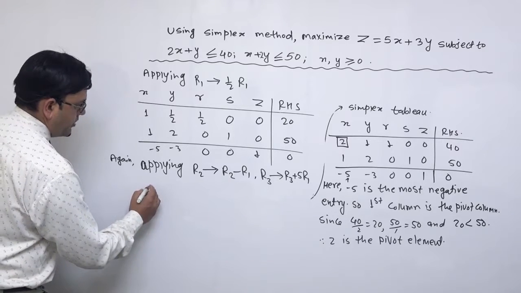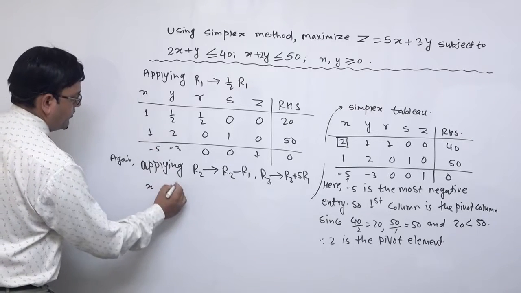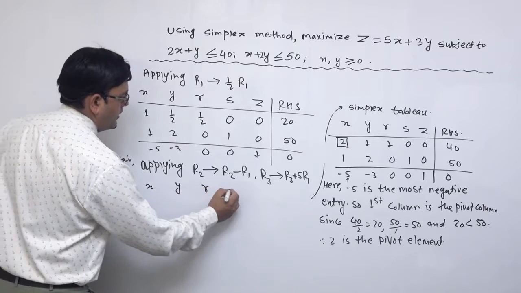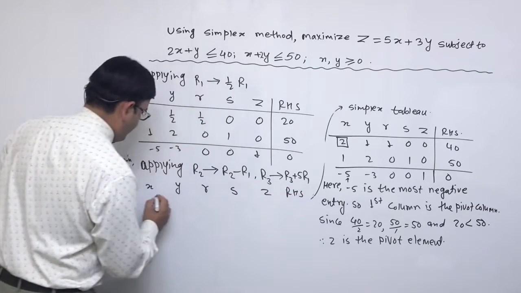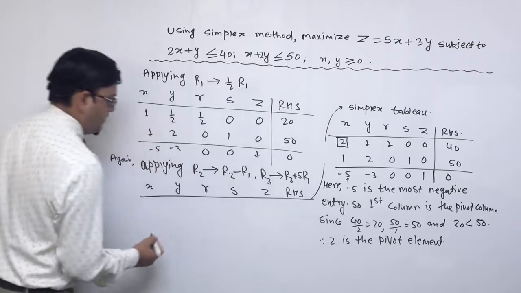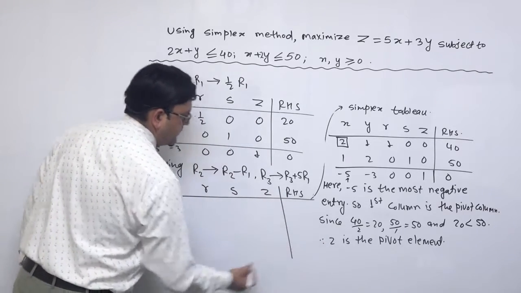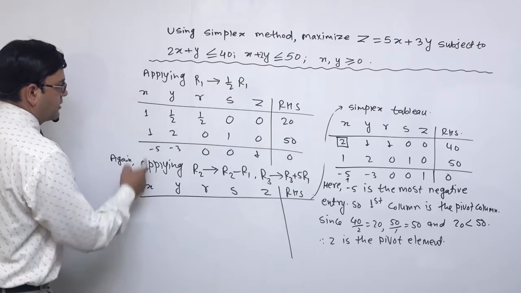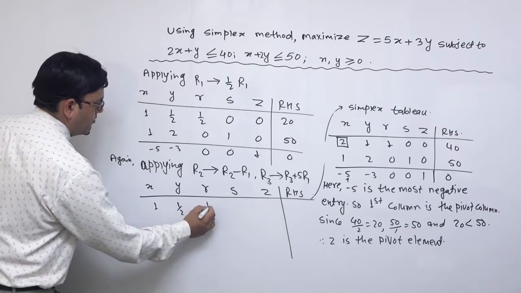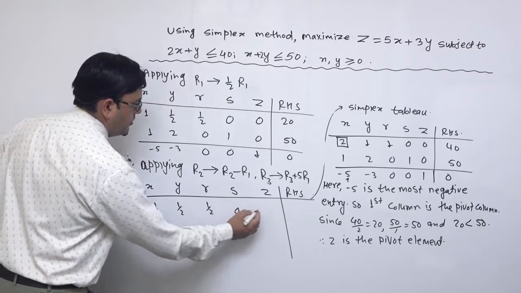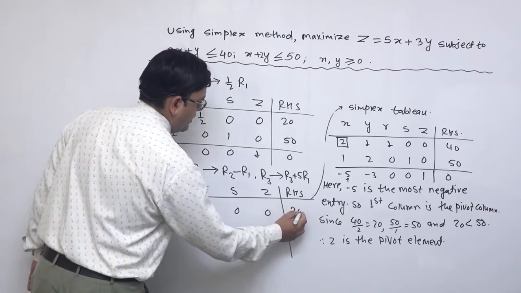अब हामीले चाहिँ हेर्नुस् त X and then Y, R, S, Z and RHS. अब हेरौँ है त, x फर्स्ट हामीले जस्ताको तस्तै लेख्नुपर्ने हुन्छ, नो चेन्ज छ, 1/2, 1/2 and then 0, 0 and this one is 20.